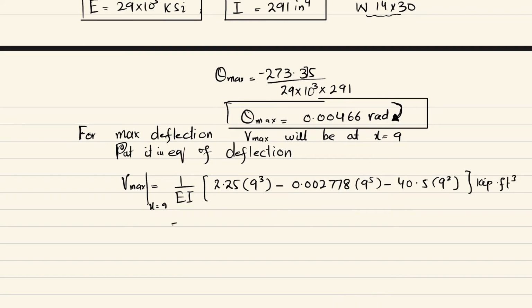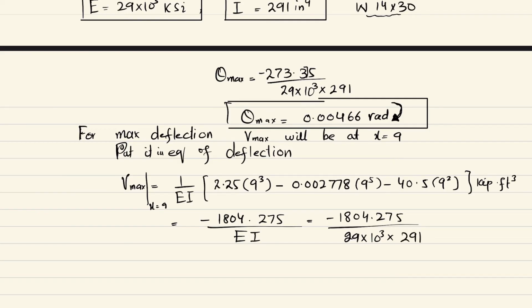Now you have EI as well, so you can put the values. When you solve it, you will get minus 1804.275 divided by EI. So put the value: minus 1804.275, E is 29 into 10 raised to power 3 and I is 291. This will give you the maximum deflection.